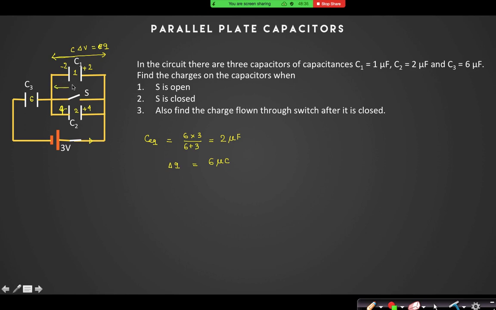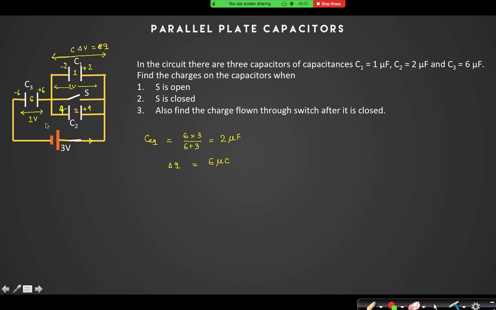Is that potential drop 2 volt? Yes, sir. So what is the potential drop across C3? 1 volt. So definitely it will be minus 6 microcoulomb charge and plus 6 microcoulomb charge. So this is the charge distribution when the switch S is open.